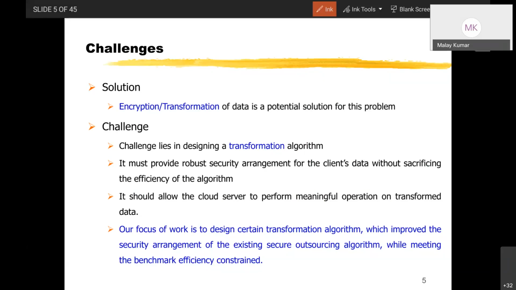cloud provides data storage services, and at the same time, it also provides you computation services.